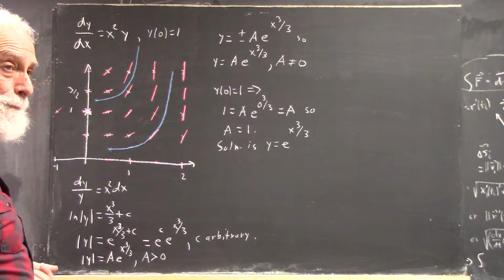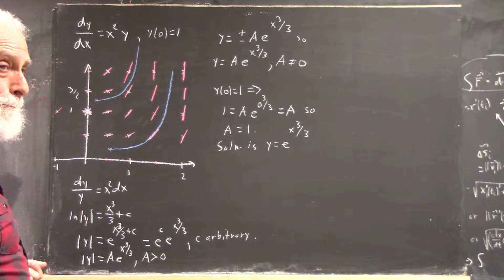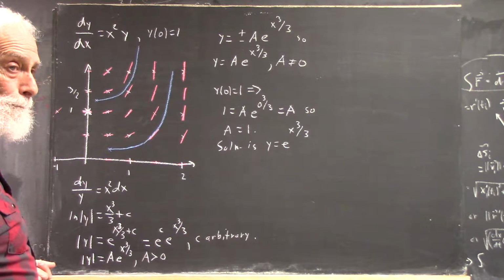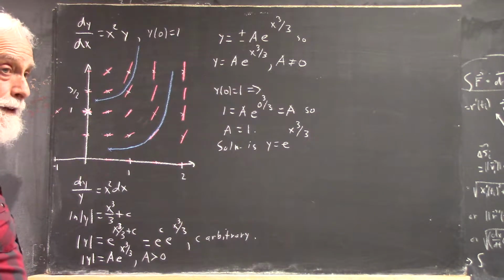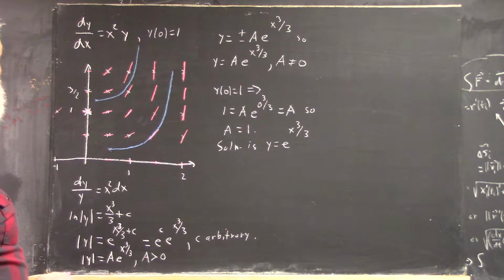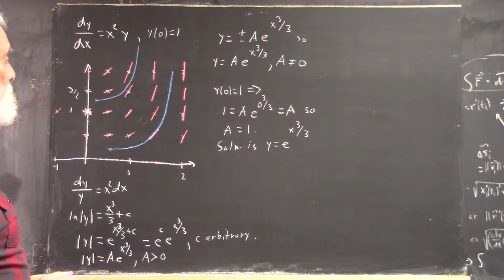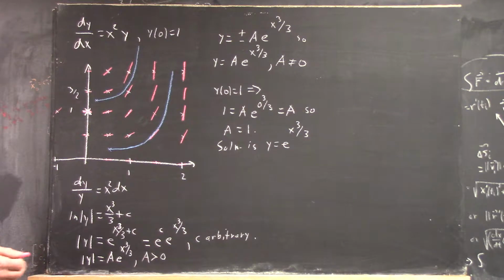Okay? So is that solution y equals e to the x cubed over 3 just between x equals 0 and infinity? Because it's not an exponential, or not the same exponential to the left of the axis. Well, we're going to look at what happens.